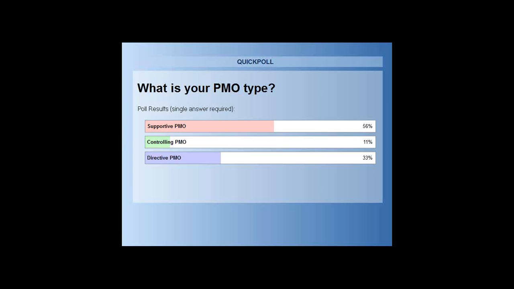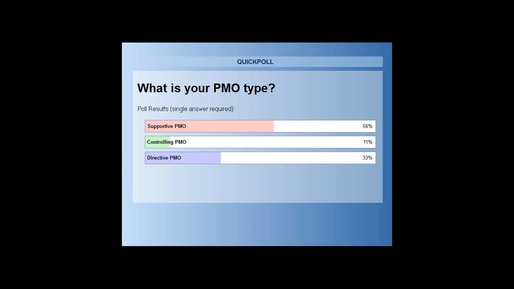The interesting bit, to most of the people involved in project portfolio management concepts, is that 43% are controlling PMOs, not supportive as you would think. These are the PMOs that ensure governance, ensure that project managers follow the process and fill in the forms.